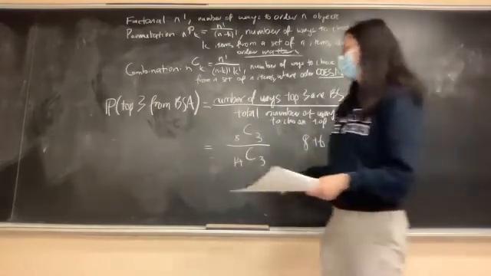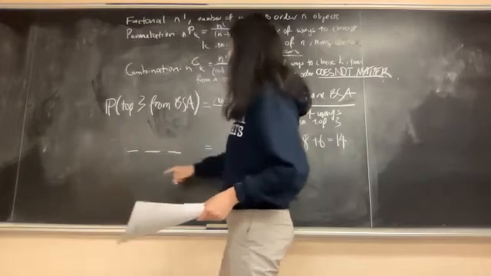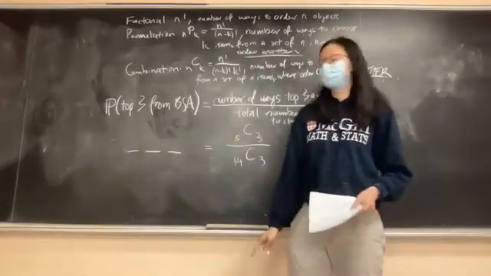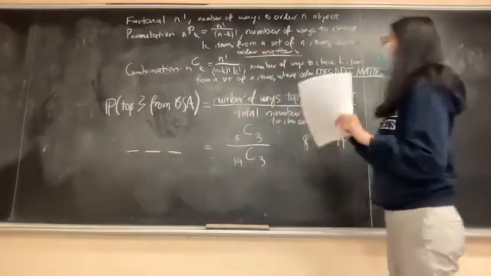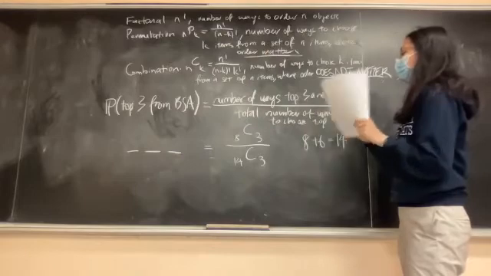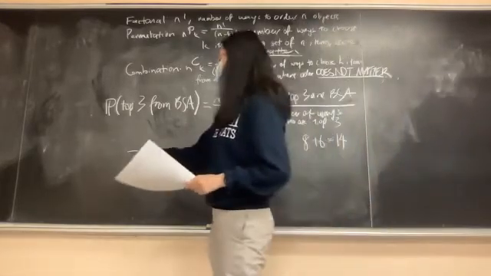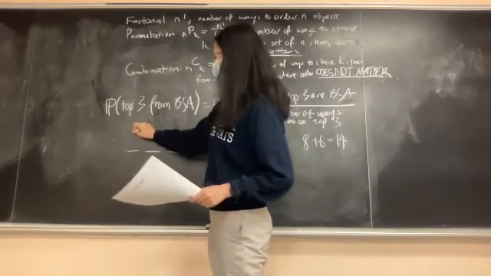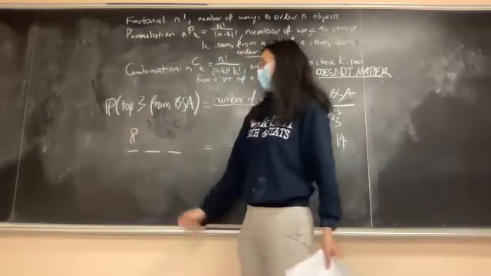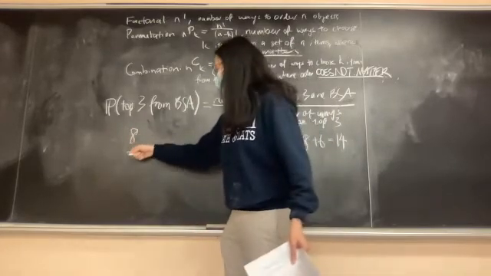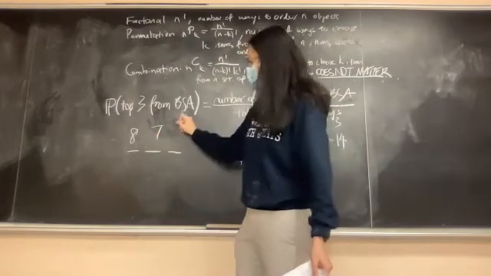If we go back to the same kind of reasoning that we used before, you have 3 slots for your top 3. This is number 1, this is number 2, this is number 3. If we're trying to find the number of ways that the top 3 are from BSA, how many can be in the first one? There are 8 BSA rides, so 8. Once we pick a ride over here, then we only have 7 left here. 7, 6.